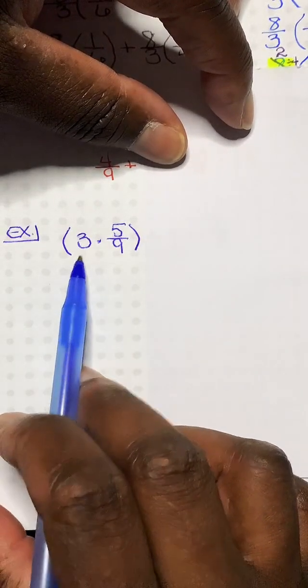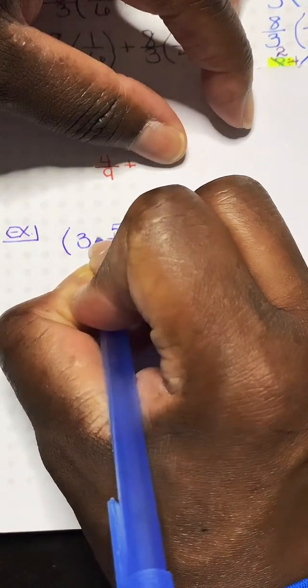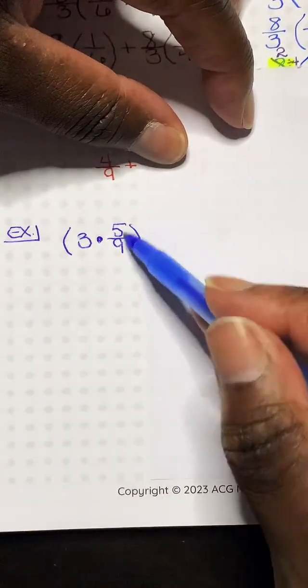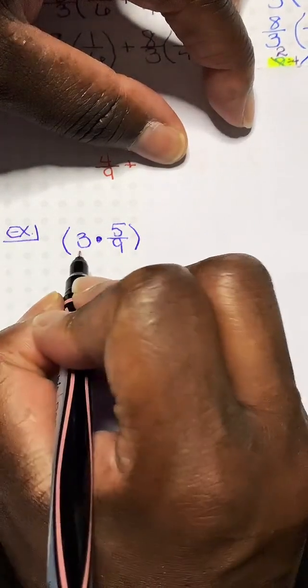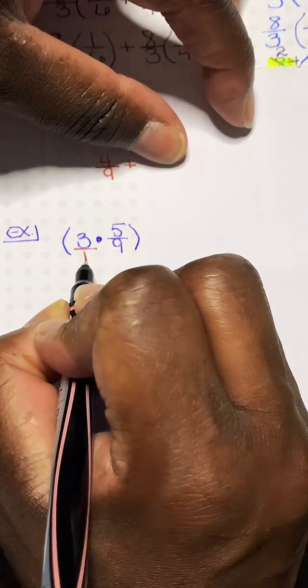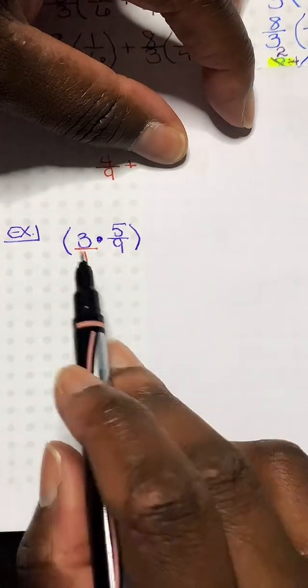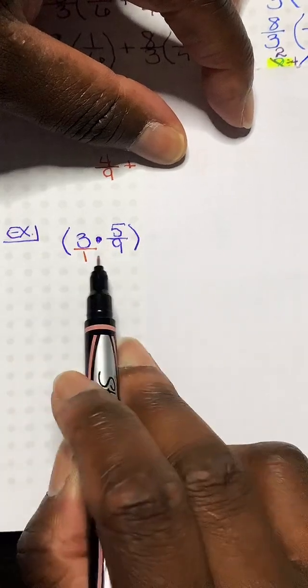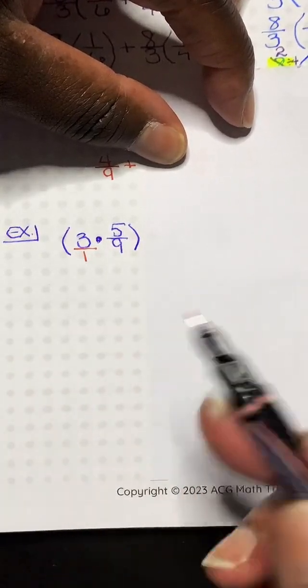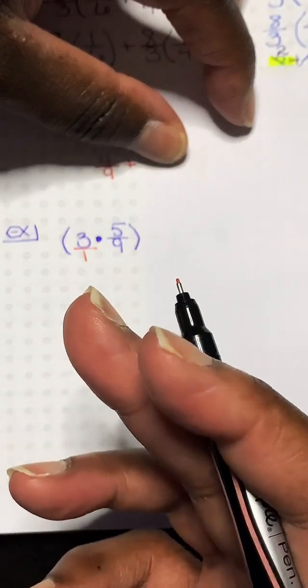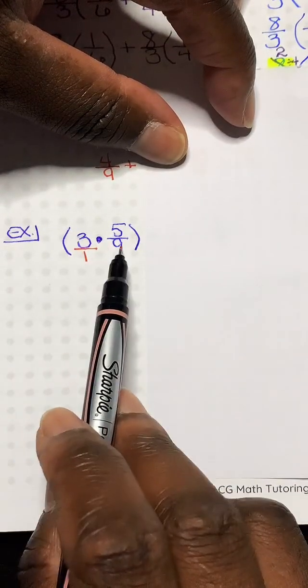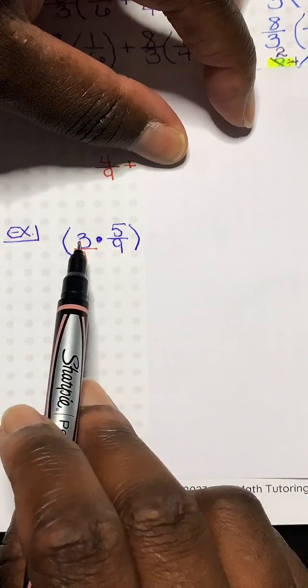So we have a whole number being multiplied to a fraction. One of the things that we could do, we could make this whole number into a fraction, multiply the numerators, then multiply the denominators, then reduce. Or we could cross simplify.